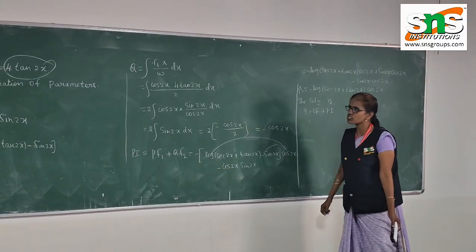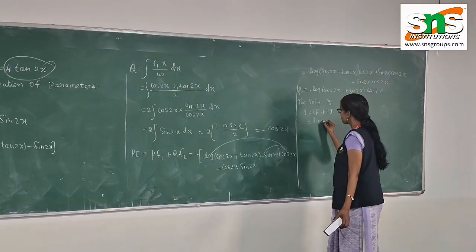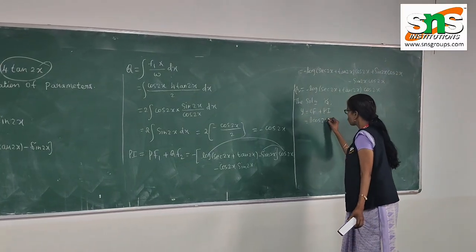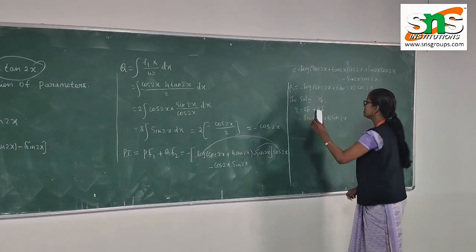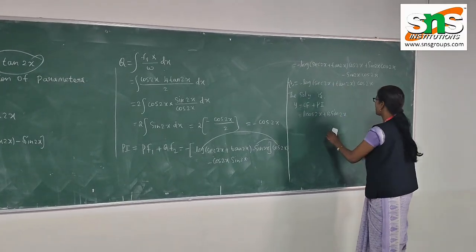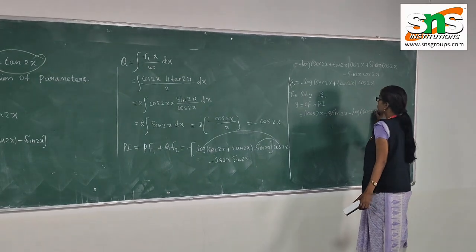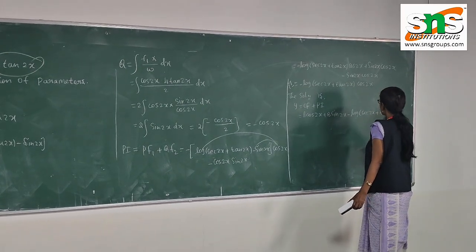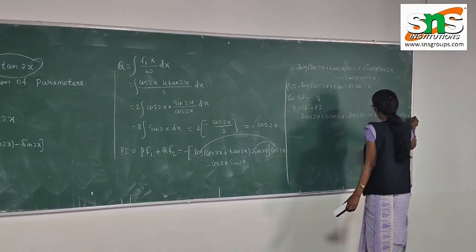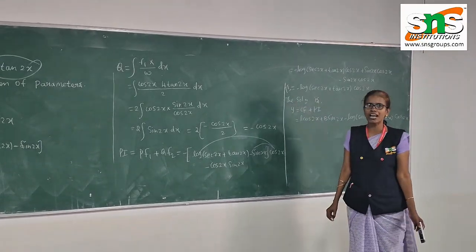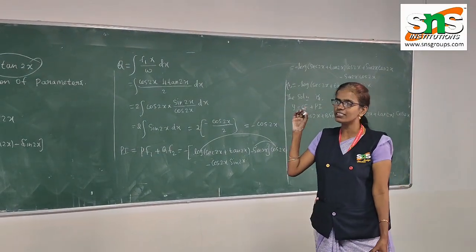The complementary function, which we already recalled, is a cos 2x plus b sin 2x, and the particular integral is this answer, minus log of secant 2x plus tan 2x into cos 2x. I think now you will have an idea about this topic. This way we need to do a problem under this topic.